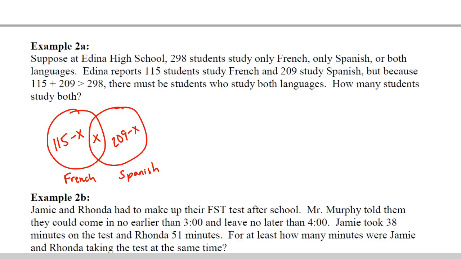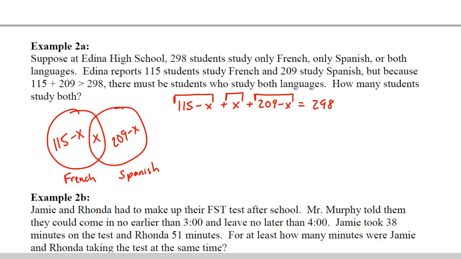So here's how we're going to set this up as an equation. We're going to say that those students that are only studying French plus those students that are studying both languages plus those students that are studying only Spanish are going to equal 298 students. So again, this is my French students, these are the students that are taking both, and these are my Spanish students.